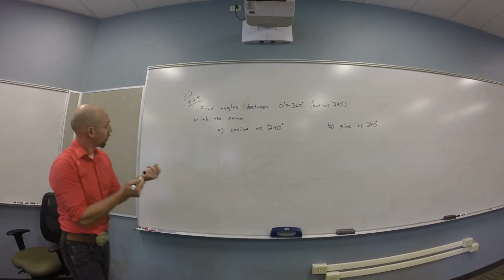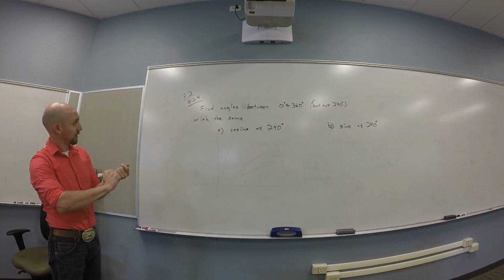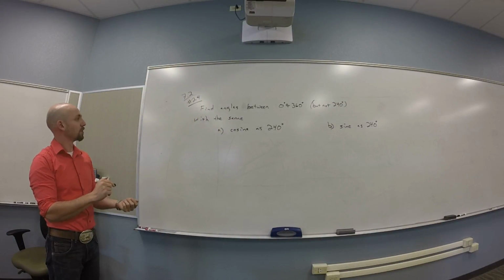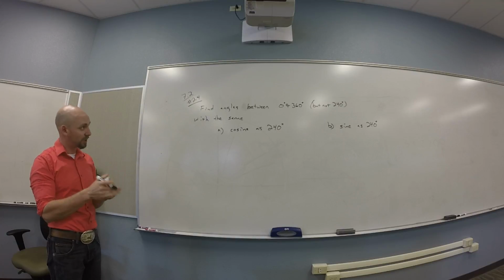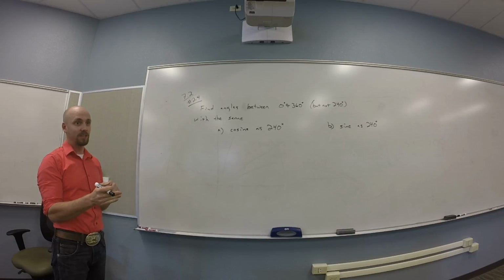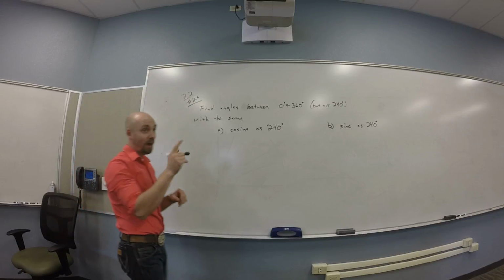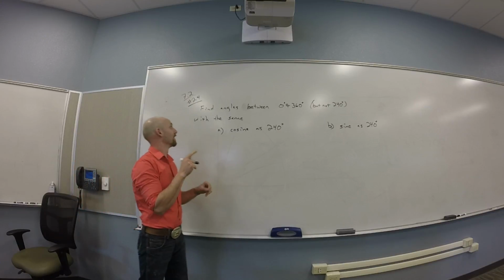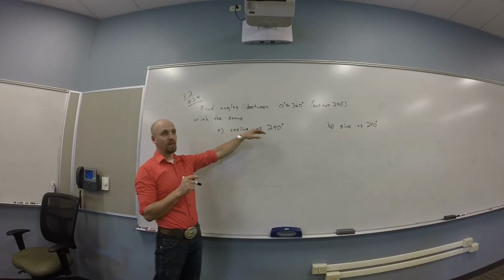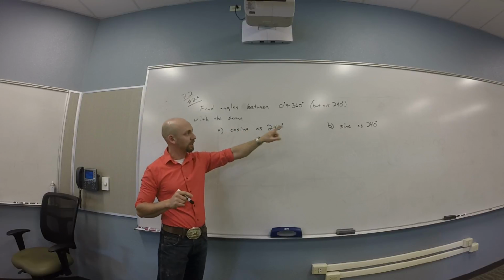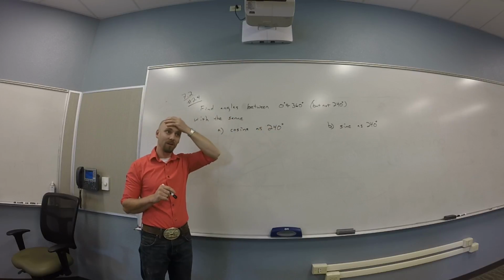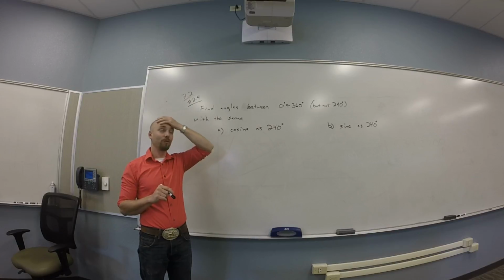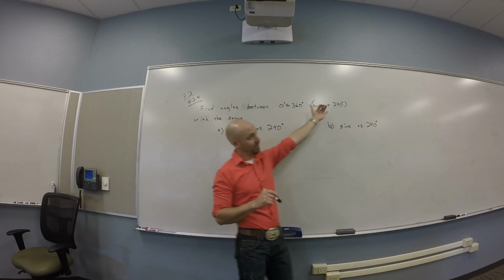Okay, so 24 and 7.2 says you're supposed to find angles between 0 degrees and 360 degrees, but not 240 degrees, that have the same cosine as 240 for part A, and the same sine as 240 for part B. I think this is maybe the confusing bit.